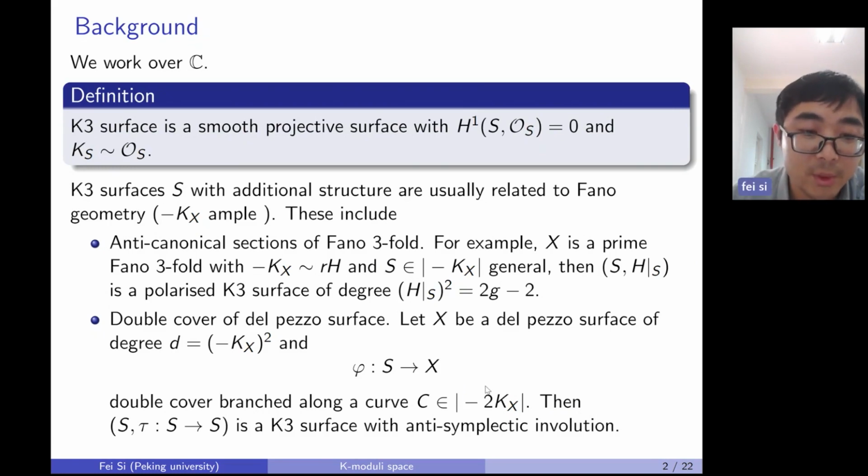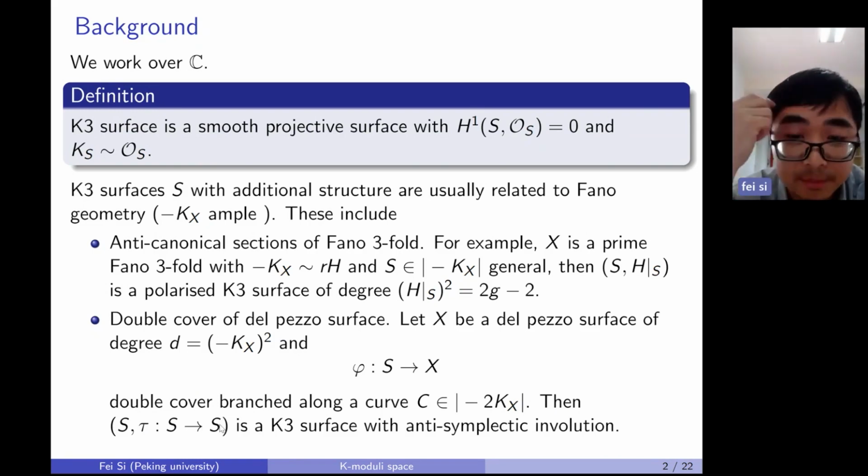Then you will see that S is a K3 surface. But additionally, you will get another structure on this K3 surface, that is an involution tau mapping S to S.